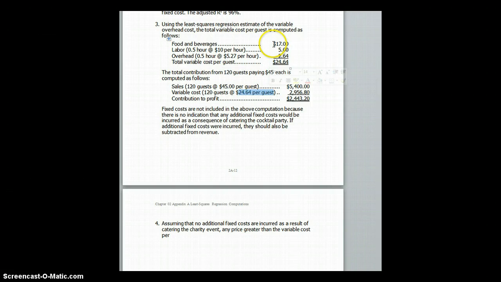Now the question you might have is, where does the $24.64 come from? Well, as given in the book, they told us that our food and beverages are $17 per guest. Labor, $5 per guest. In other words, we're paying our workers $10 per hour, and each guest requires 1/2 hour of labor, therefore $5 per guest.